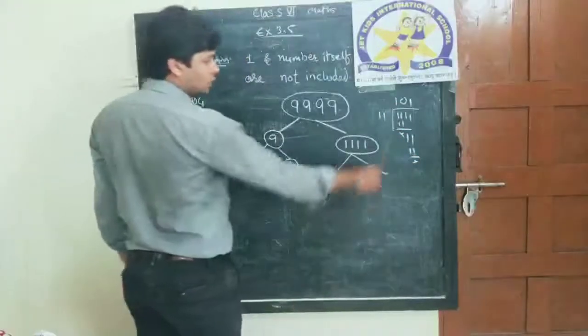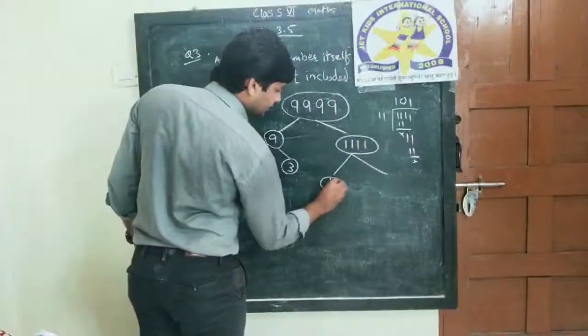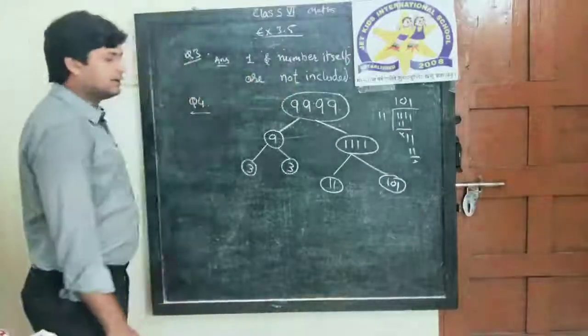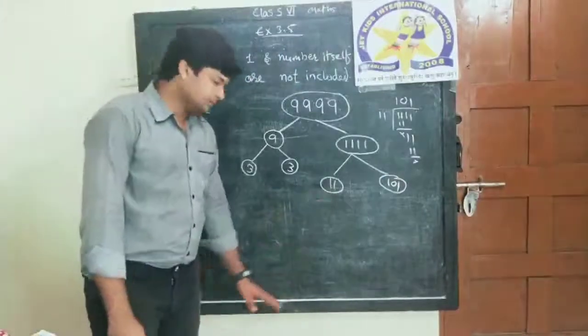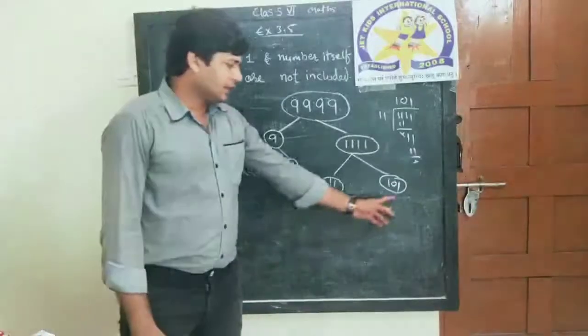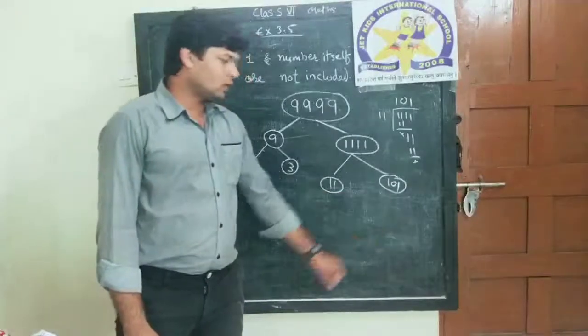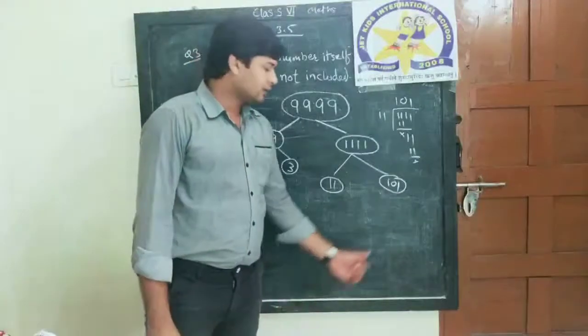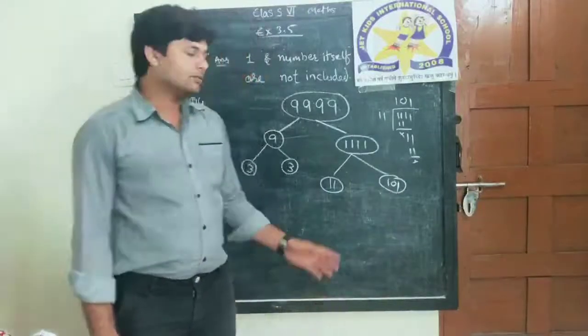Clear? So 101, 11 multiplied by 101. So 11 is a prime number, 3 is a prime number, and now 101 is also a prime number, right? We cannot divide 101 by any other number.